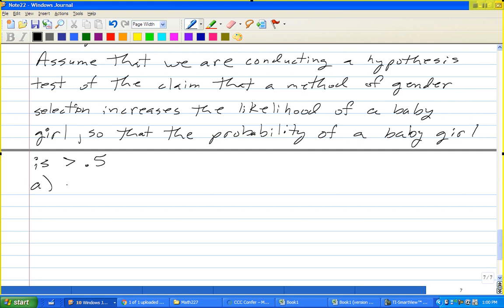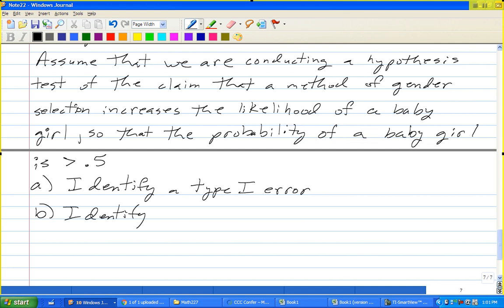So A, identify a type 1 error. Identify a type 2 error. Okay, so let's do that.